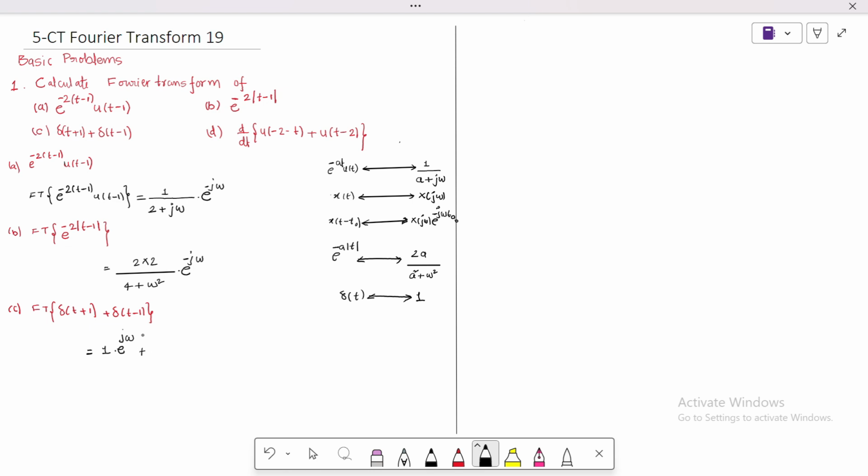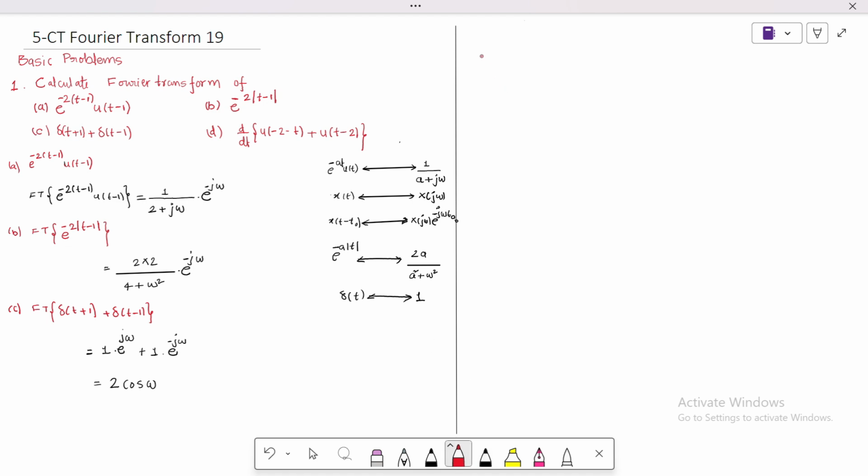Next, del of t minus 1, Fourier transform equals 1 into e power minus j omega t naught, with t naught equal to 1. So this looks like e power j theta plus e power minus j theta. You know that it is the cos formula, but there is no 2, so directly you can write 2 into cos omega. This is the case.